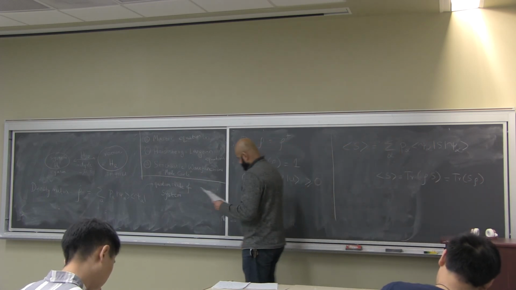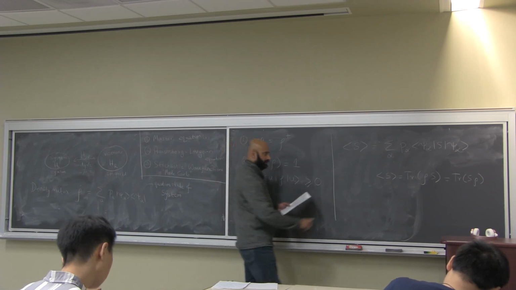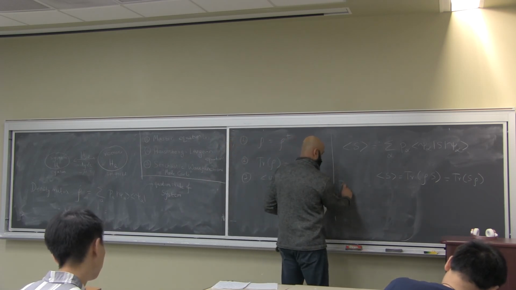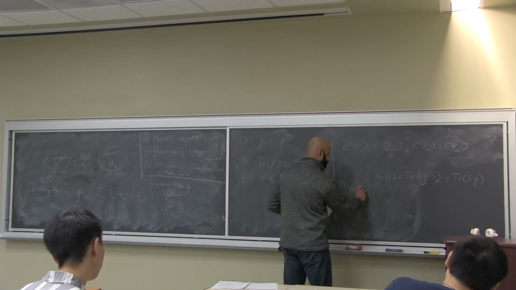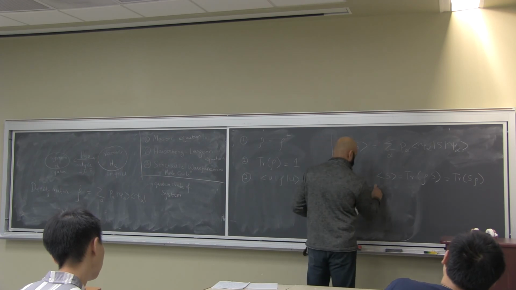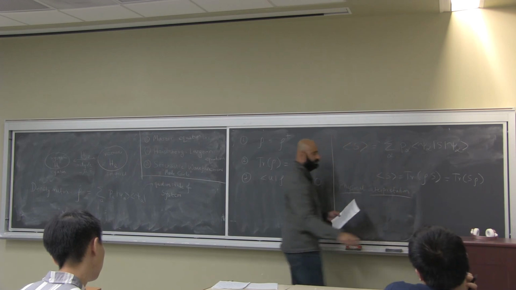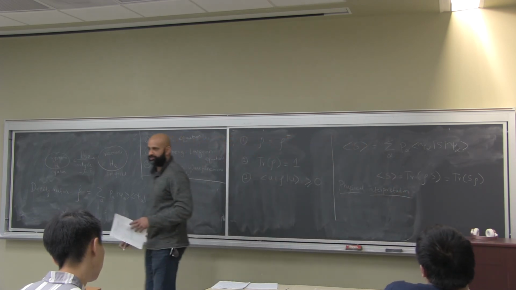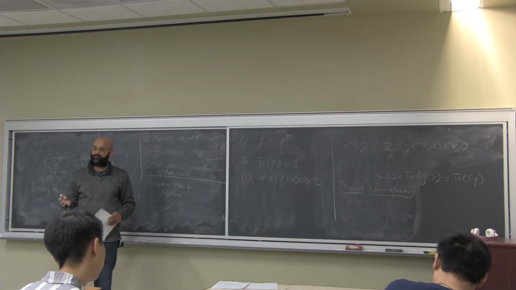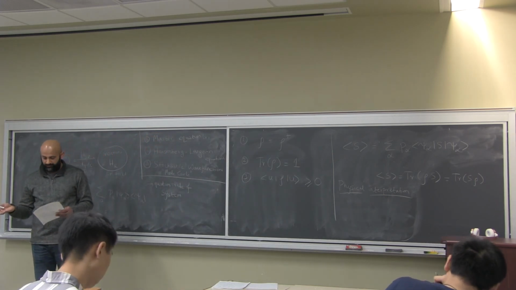Okay? And the physical interpretation of this, we also talked about, but I'll remind you again. The diagonal elements of the density matrix rho give us the probability to be in a particular state, right?